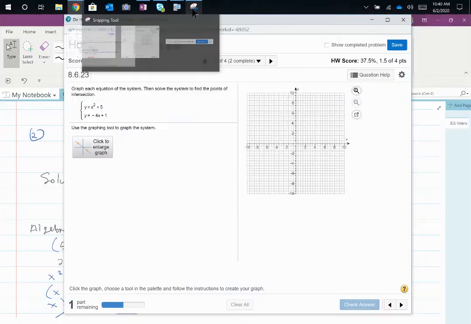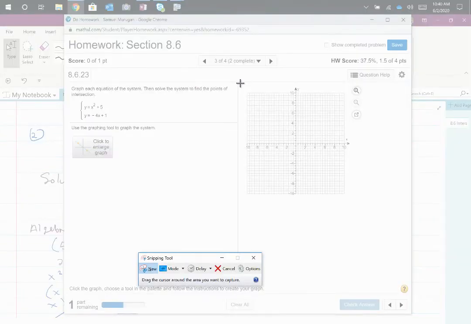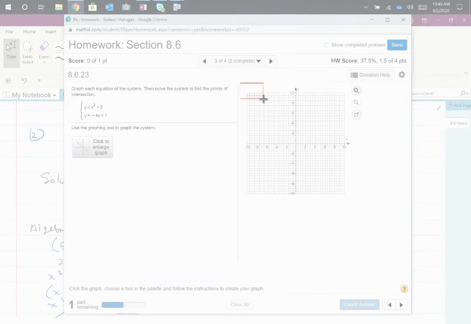All right, let's go ahead and put this graph in, because we need to get this one out of the way.